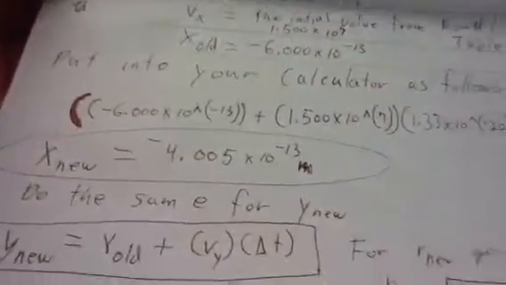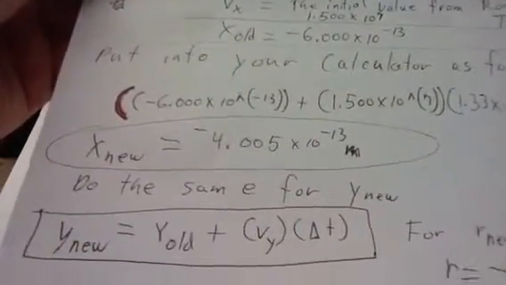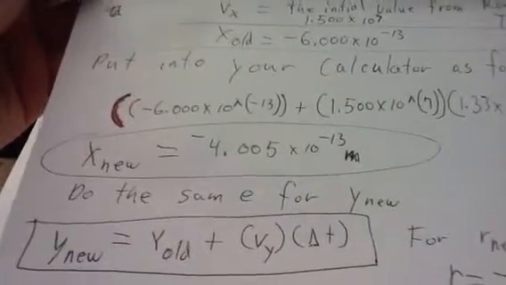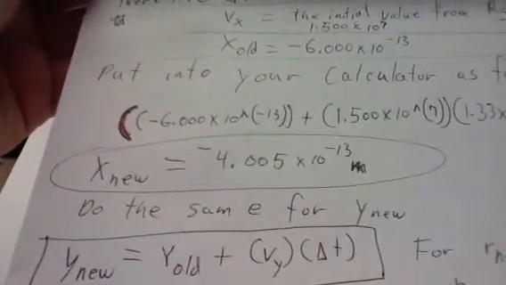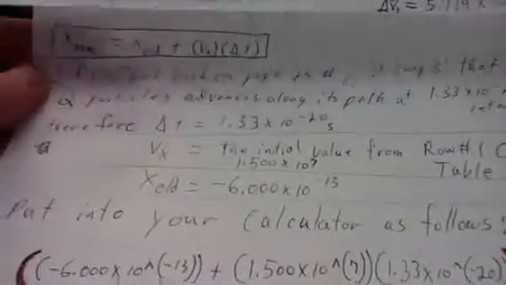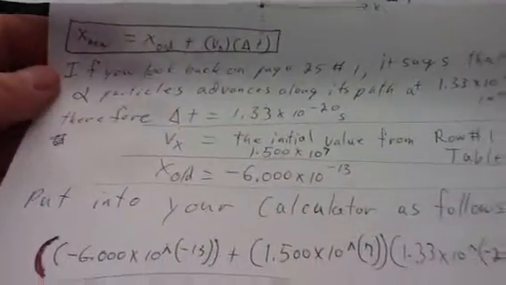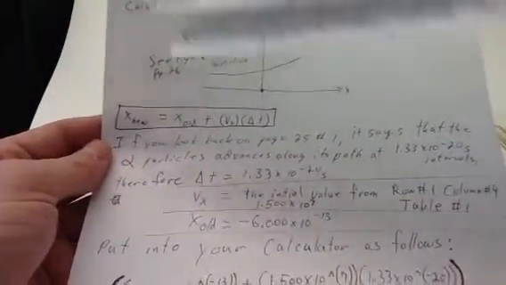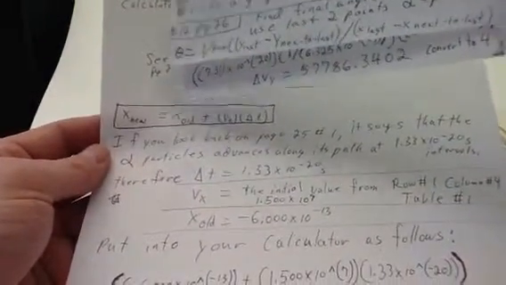Let me back up a minute. I apologize if I miscommunicated. So we got our x new, our x velocity. We got x old, x new.